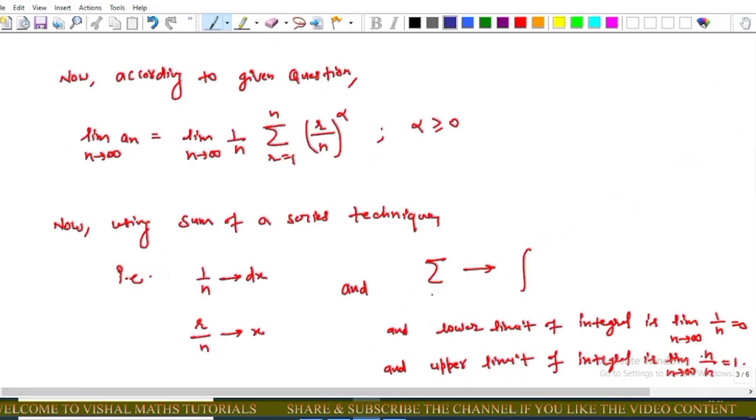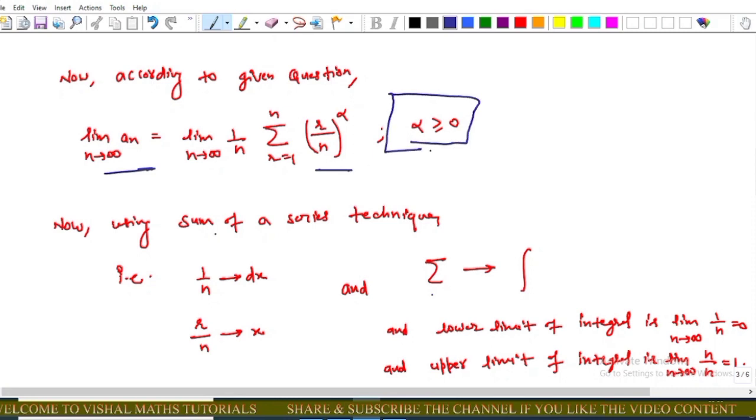Now according to the given question, we have to find the limit of a_n, not a_n, so limit of a_n as n tends to infinity is equal to limit n tends to infinity of 1 upon n summation of this, where alpha is greater than or equal to 0. This is a very important point for this question.